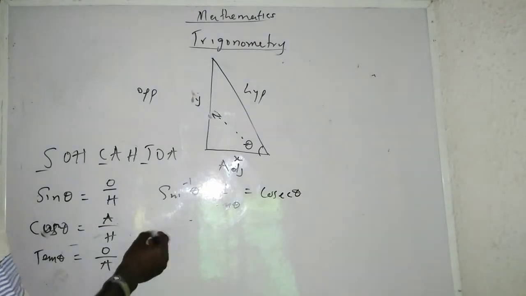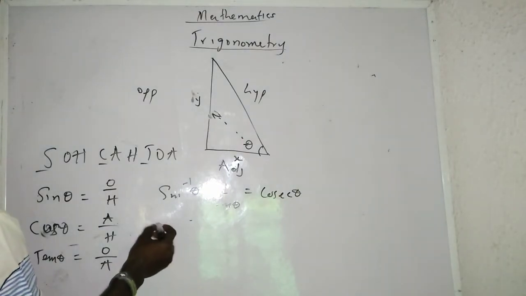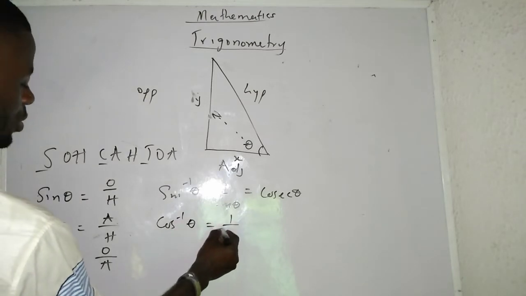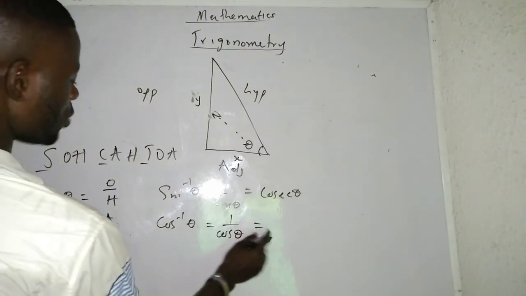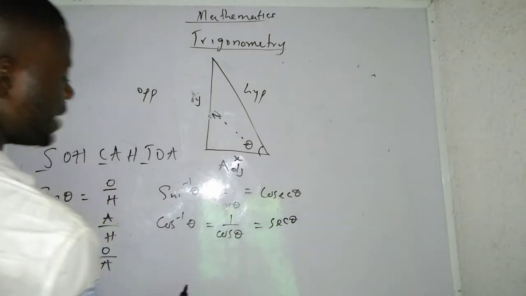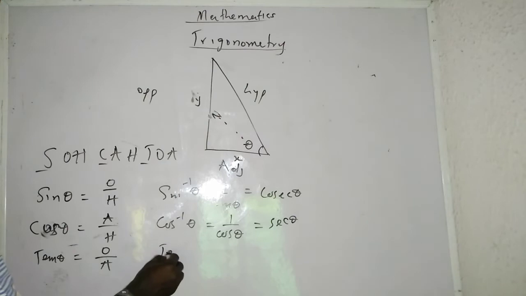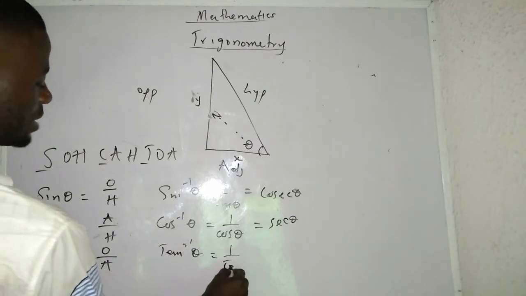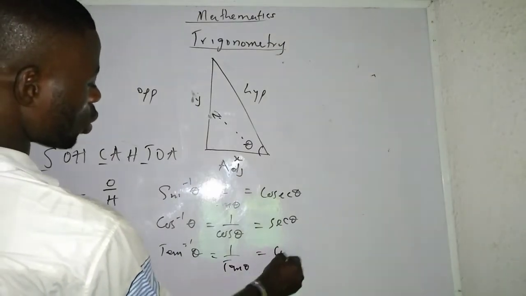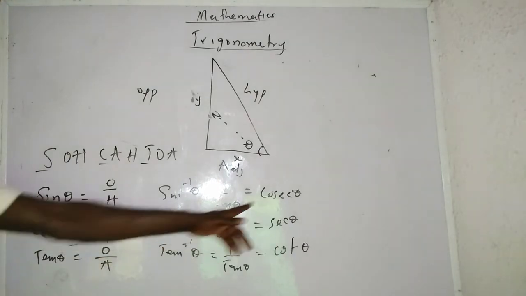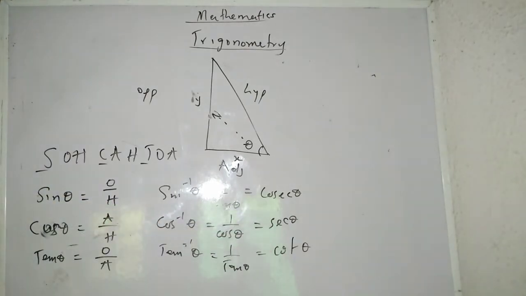Now, if I have cos inverse of theta, it will be 1 all over cos theta, which is equal to sec theta. If I have tan inverse of theta, it will be 1 all over tan theta, which is equal to cot theta. Now, these are very, very important. Inverse of each of them produces all this. Now, can we move on?